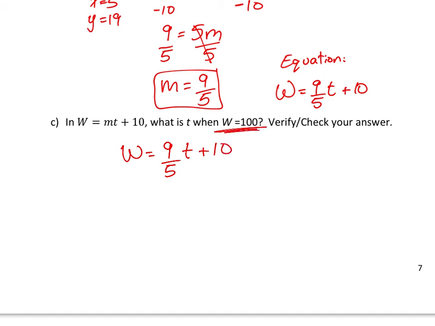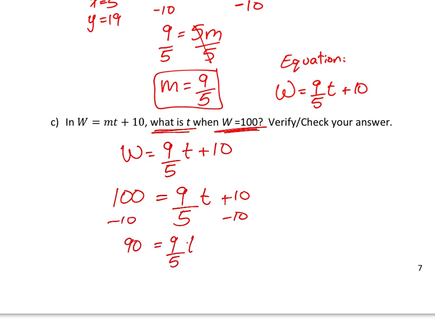They're telling us w is equal to 100, and now we need to solve for t. So sub 100 in for w in w equals 9/5t plus 10. And solving for t, we subtract 10 from both sides. 90 equals 9/5t. And then t is being multiplied by 9/5, so divide both sides by 9/5.